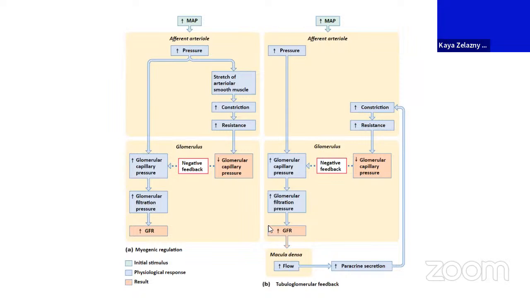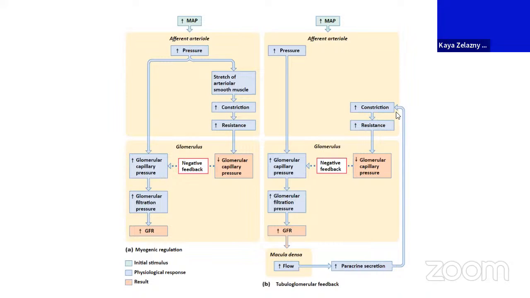Okay, so what we do with our tubuloglomerular feedback is that we're noticing we have that increase of flow out of the nephron, basically. So the macula densa cells notice this. They secrete basically some local hormones. So paracrine signals are just local signals to those cells in the glomerular capillary.